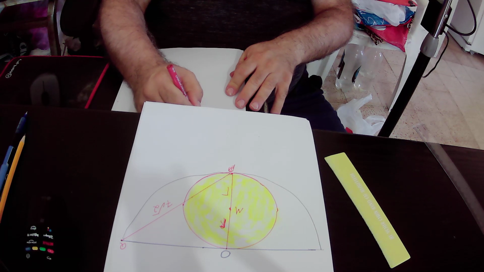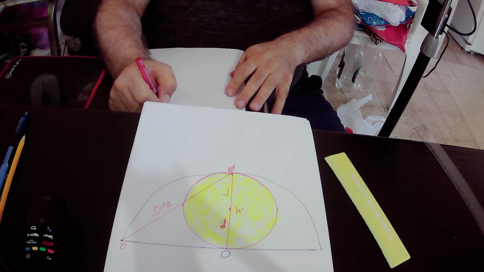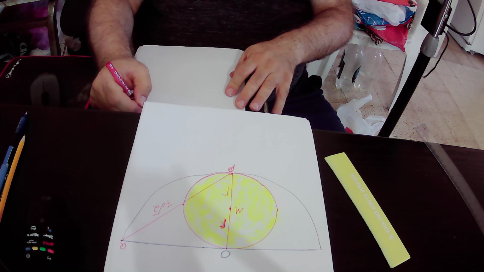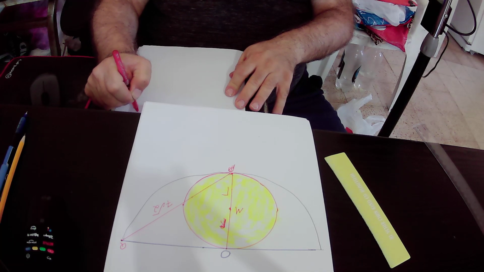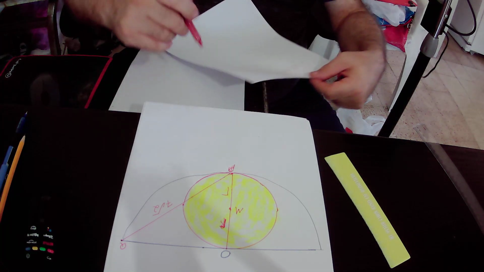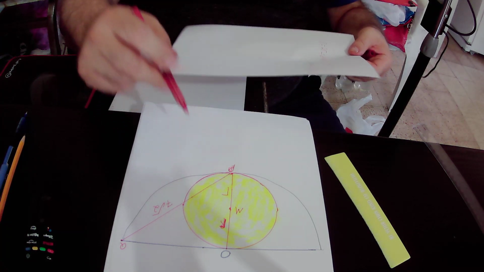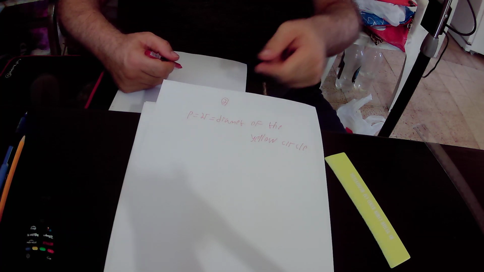PO equals 2 times r, that is actually the diameter of the yellow circle. PO equals 2r, and PO actually is the diameter of the yellow circle.